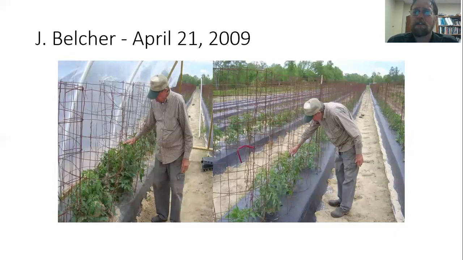And this picture was taken in the mid to late part of April. And you can see a comparison there between the plants being grown inside that high tunnel area in comparison with the field. And in this case, I think maybe there's a little bit of difficulty in seeing a big difference between these plants, though the plants inside the high tunnel area are a little bit larger.